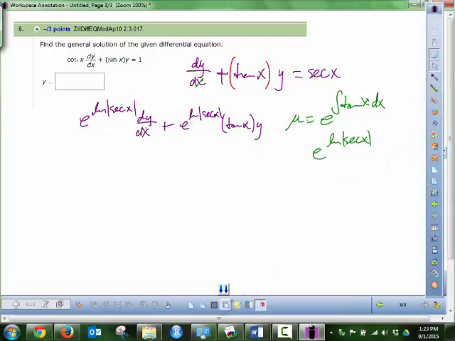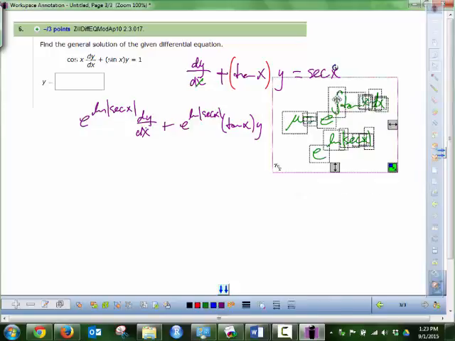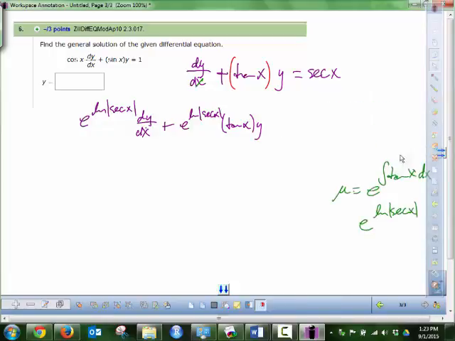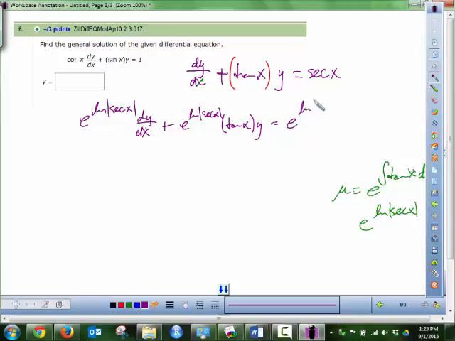Uh-oh, I'm out of room here. And then e to the ln of secant of x. Wait, what's e to the ln of secant of x? Why am I doing all this stuff? So, yeah, we should have just multiplied everything by secant of x.